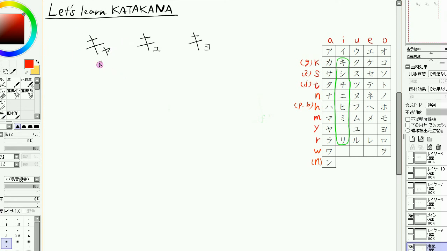So this is ki and this is small ya. It means something like kia, right? And if we say that quickly, then that will be kya. So this one is kyu, and this one is kyo.